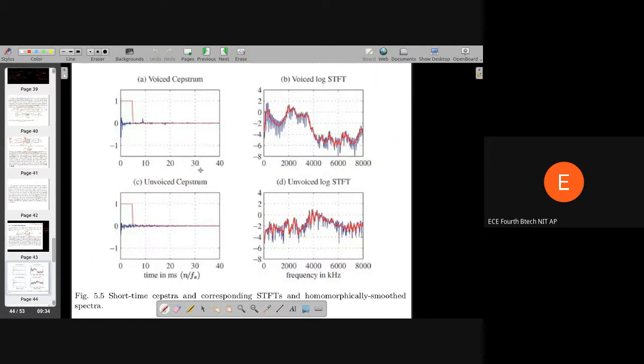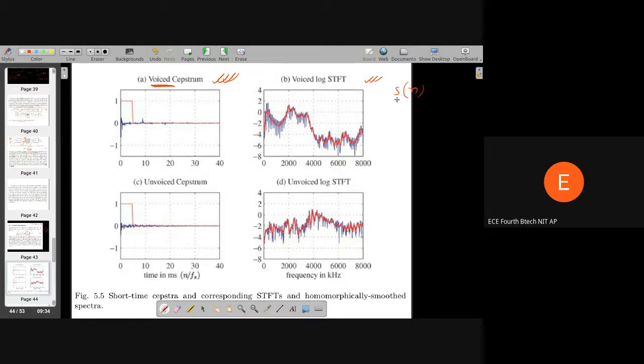Yeah, so now let's have a look at what I was saying. So this is a voiced frame. The duration they have not mentioned, it does not matter. So this is a voiced frame, whatever duration they have taken. This is your log STFT.